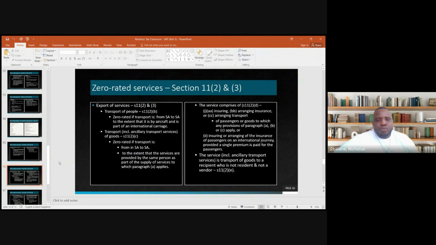Here, an example would be that I am based in Polokwane, right? I want to fly to the USA, all right? So we know there is an airport in Polokwane, but this is not an international airport, so I cannot take flights directly from Polokwane airport to the USA.